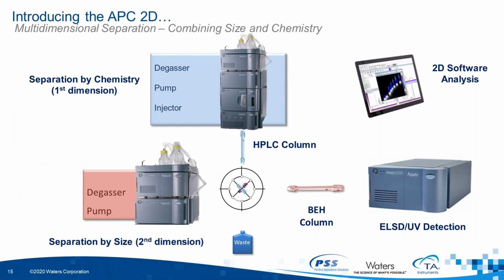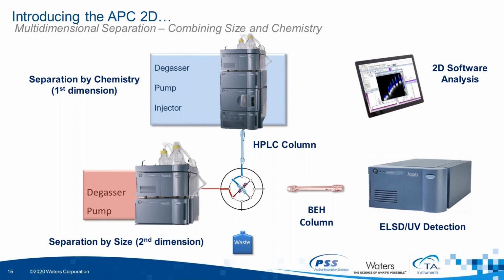So here we do see the same setup, but with a better chance to understand the fluidic connections and how the valve is equipped and operating. The valve itself is, I mentioned that already, a high pressure valve. It has 8 ports and it has installed 2 loops of equal volume. In the beginning, one loop, in this figure, the blue one, is connected to the separation column of the first dimension, which is typically an HPLC column, allowing for separations based on the different chemistries in our sample.